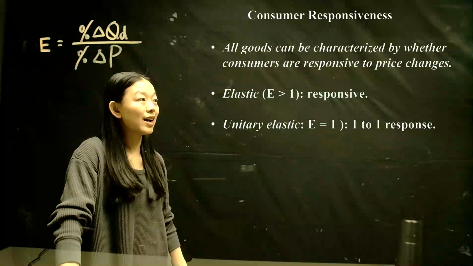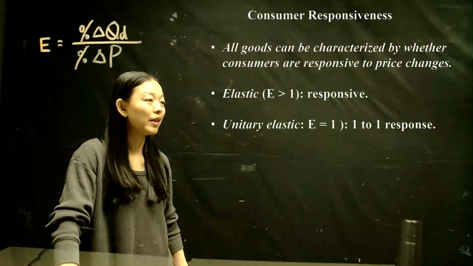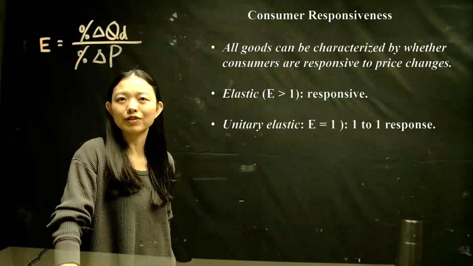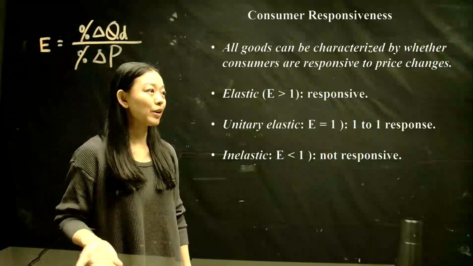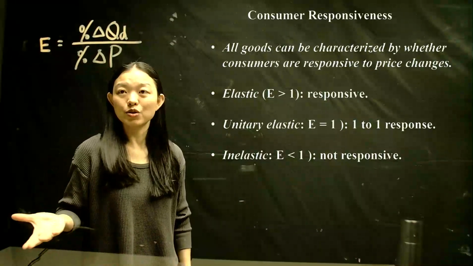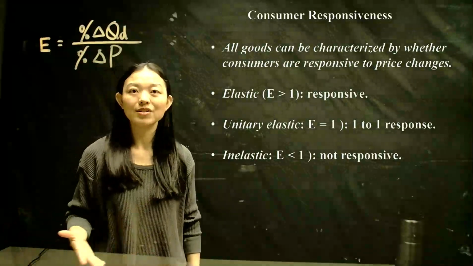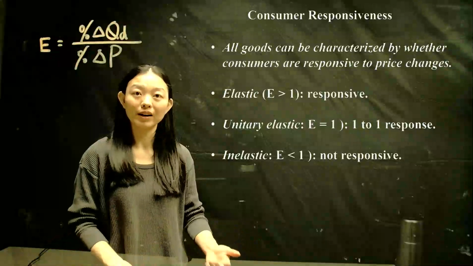There are some products that are unitary elastic, okay? An example of unitary elastic comes from education. And then there are some products whose price elasticity is really inelastic. Inelastic means consumers are not sensitive to price change. Even if the price increases, consumers still need to buy it.